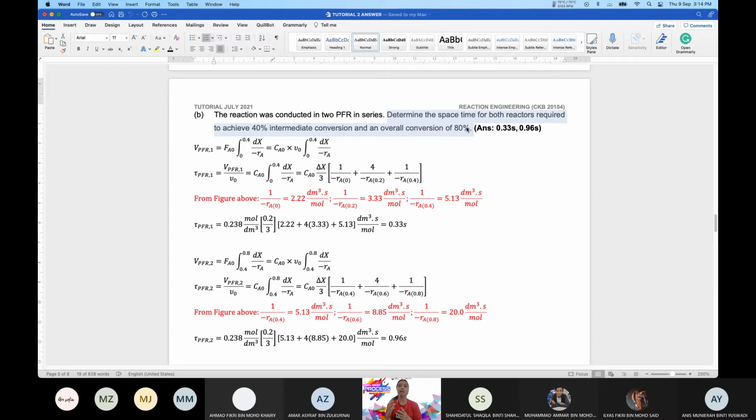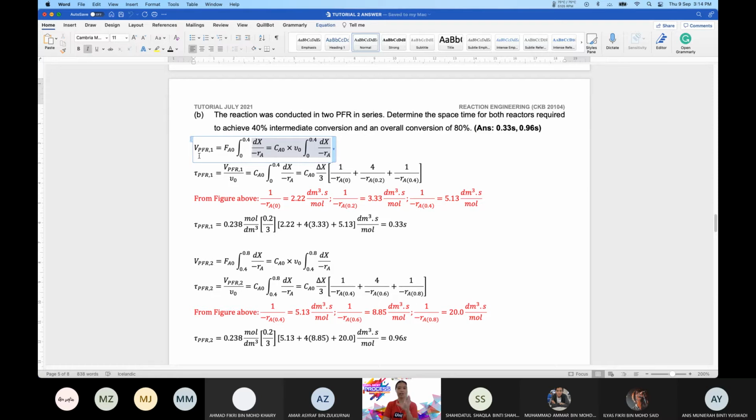Okay, I have already taught you about space-time, tapi kita tak pernah guna space-time untuk design reactors kan. So now dia nak kita cari space-time. So this is where you have to somewhat apply and connect these two pieces of information. Kita start dulu dengan design equation for PFR first.